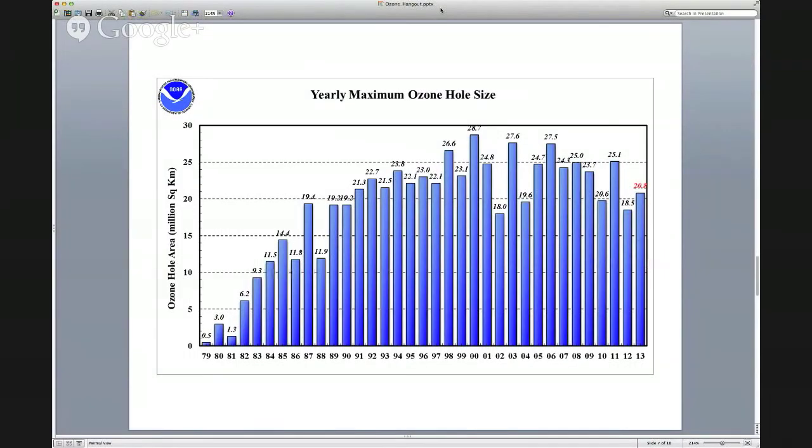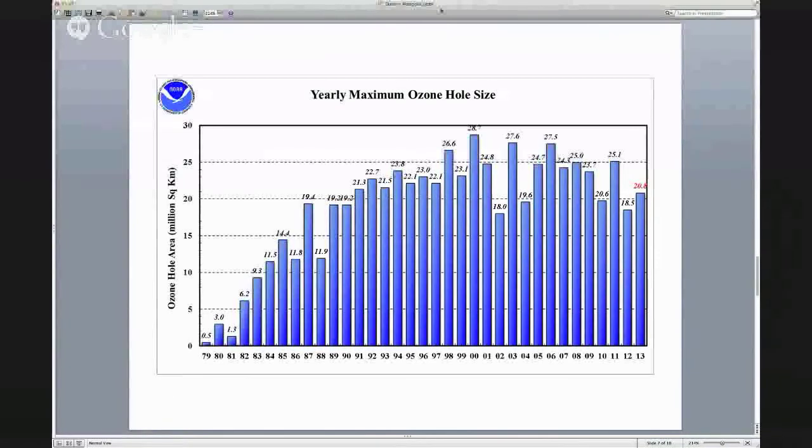As we look at this diagram, we can see starting in '79 through the 1980s, the size of the ozone hole grew practically every year. There's a little dip in '86 and '88 because the polar region was very warm in those years, and then it begins to flatten out in the 1990s.